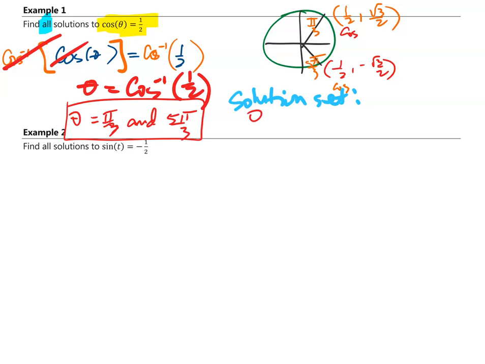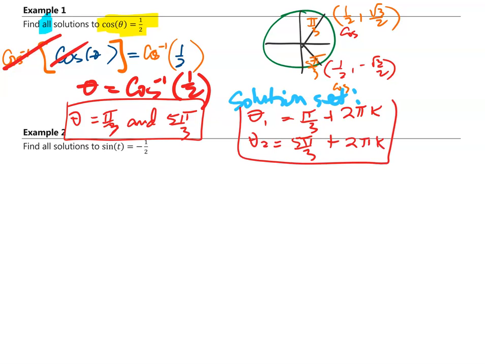So theta 1 is pi over 3 plus 2 pi k, and the second one 5 pi over 3 plus 2 pi k. That is where k is an integer.